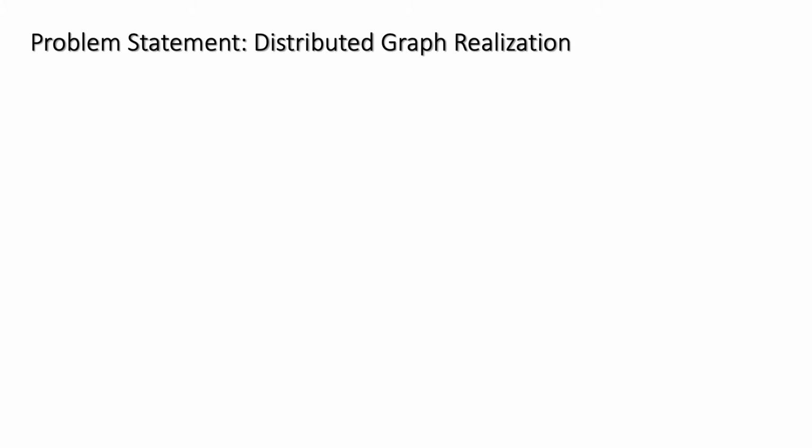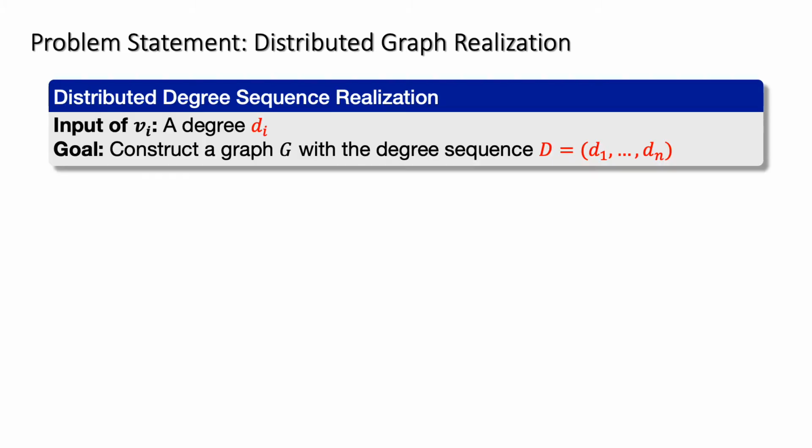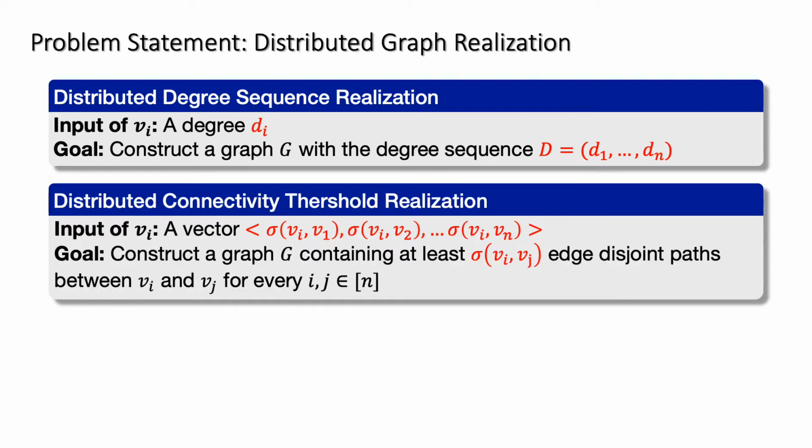The problem. The first problem we consider is the distributed degree sequence realization problem. In this problem, each node Vi gets an integer di signifying its degree in the target graph G to be realized. The goal is to construct a graph G with a degree sequence d1 to dn. The second problem we consider is the distributed connectivity threshold realization problem.